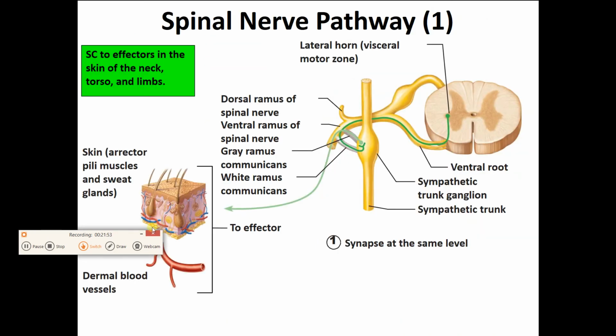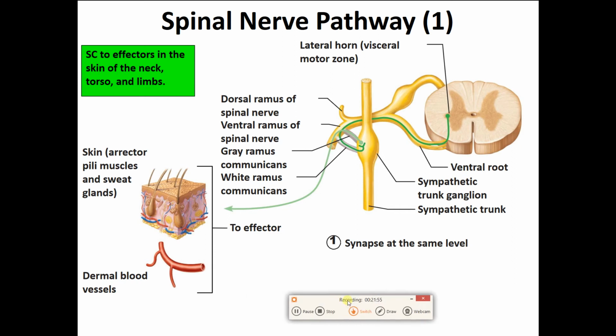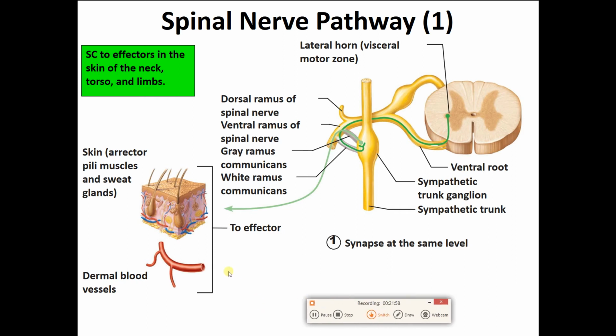Let's start the first way that sympathetic neurons get where they're going. We're going to call this spinal nerve pathway number 1. We're starting in the lateral horn of the spinal cord. Remember, T1 to L2. The preganglionic, the first neuron, comes out that ventral root, into the spinal nerve, into the ventral ramus, then into the structure right here, the second one right here, which is the white ramus communicans.